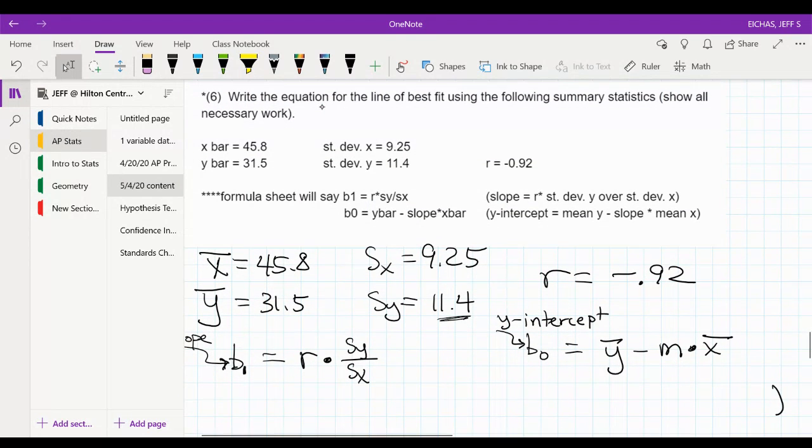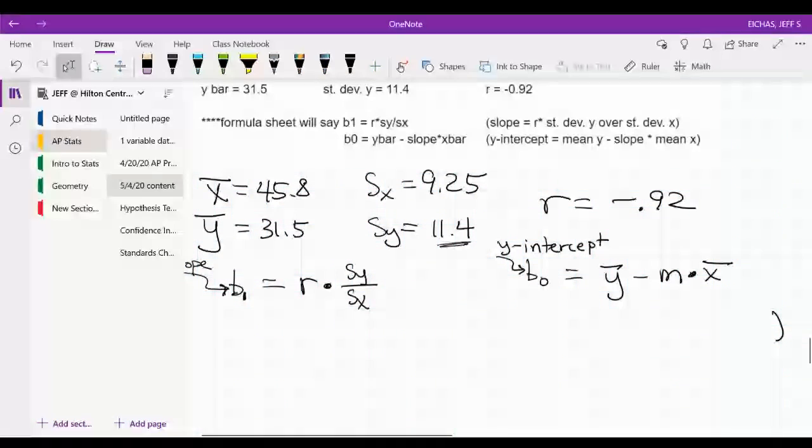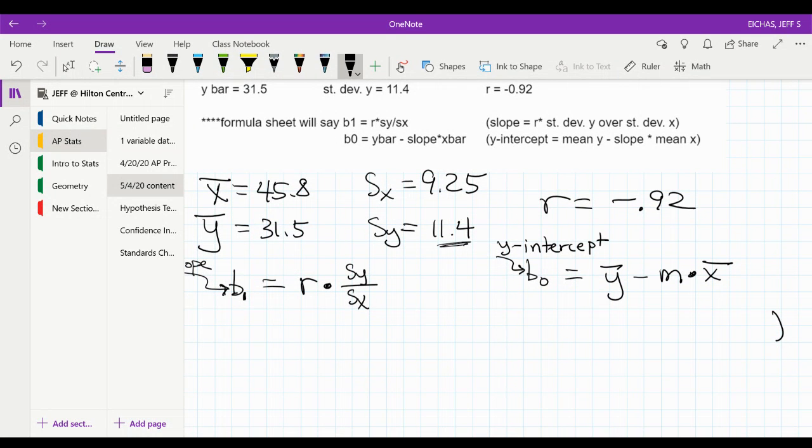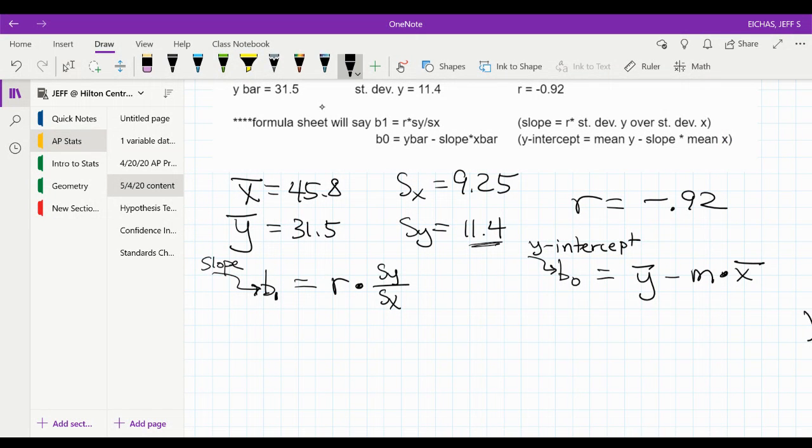All right, for the next one, we want to write the equation for the line of best fit. There are some formulas on the formula reference sheet. If they ask you for this, here are the formulas you should be looking for. To calculate the slope from summary statistics, it has to give you r, the standard deviation of y, and the standard deviation of x, and you can calculate the slope from that.